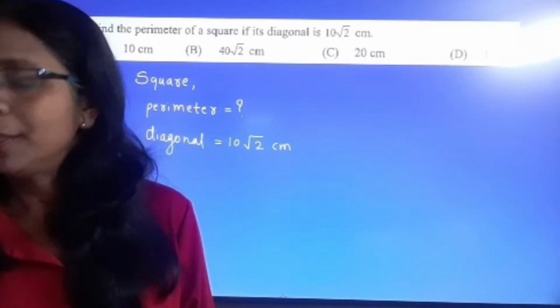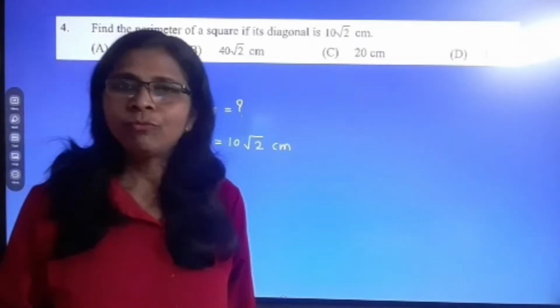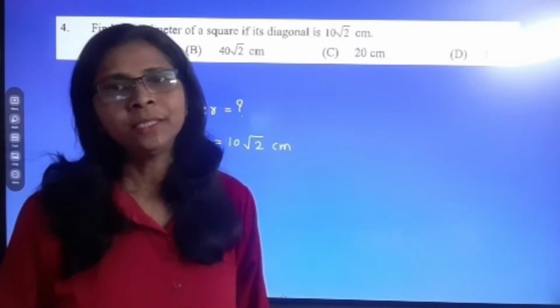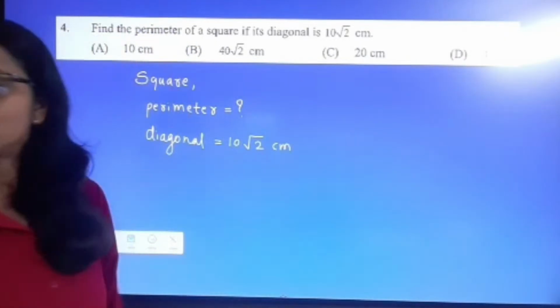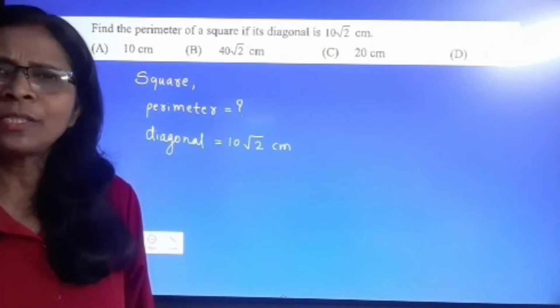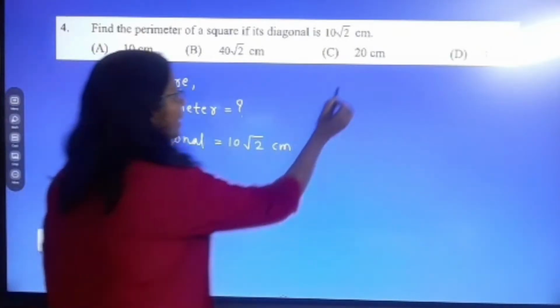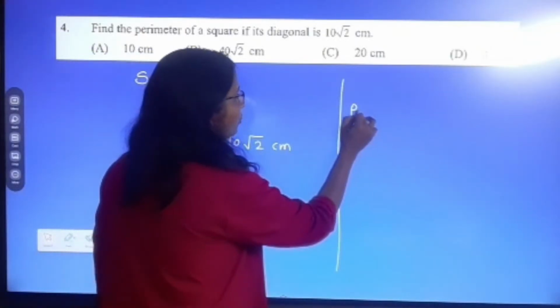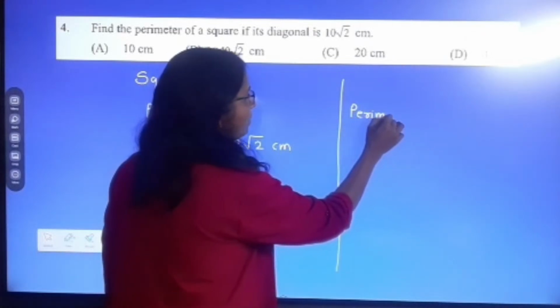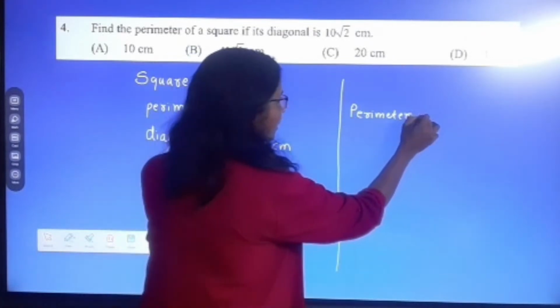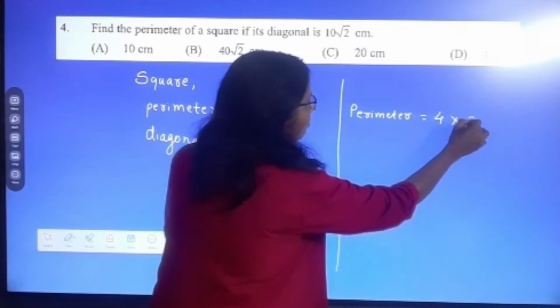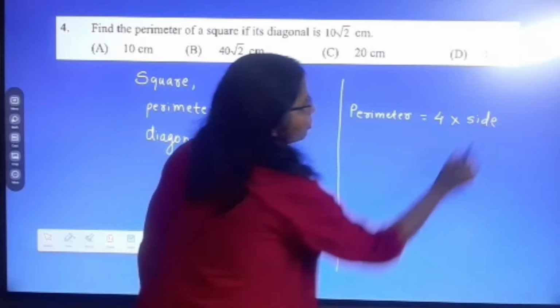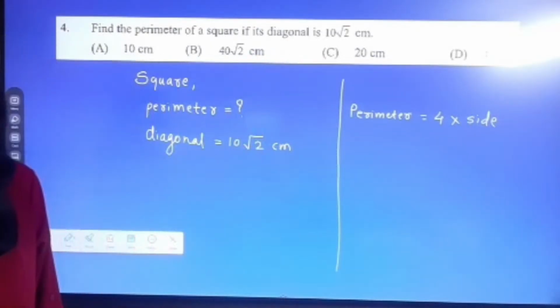If the side has come, then I can calculate the perimeter. The formula for the perimeter is 4 multiplied by side. So that's why I calculate the side.